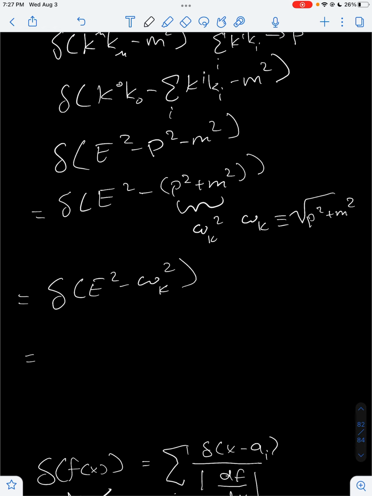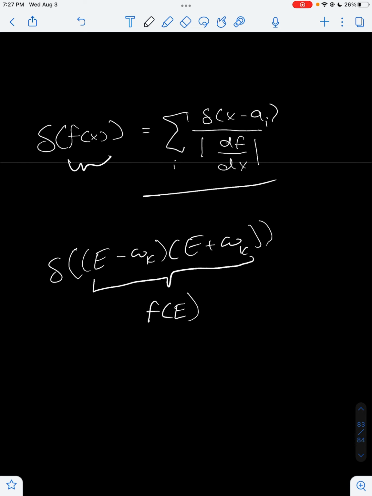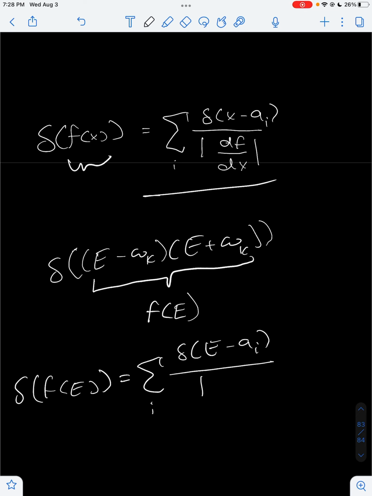So e is our x in this case, basically. So delta of f of e, following this rule, is going to be the sum of delta e minus ai, over the derivative of f with respect to e.